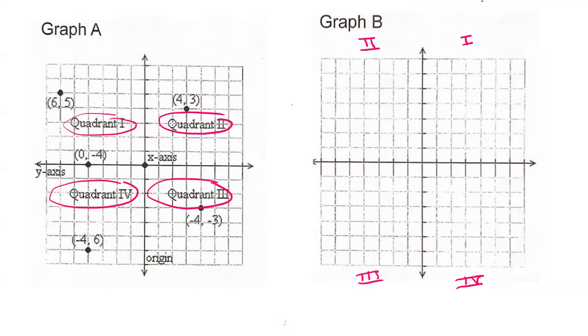What do we know about the numbers in quadrant 1? Are they positive, negative? These are positive. You have x and y coordinates, and both are going to be positive, correct? What about quadrant 2?